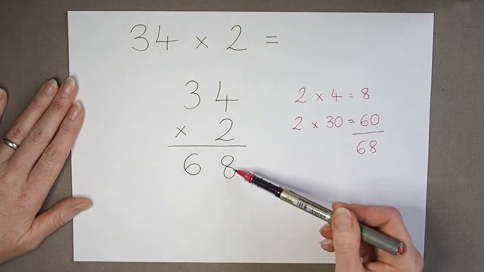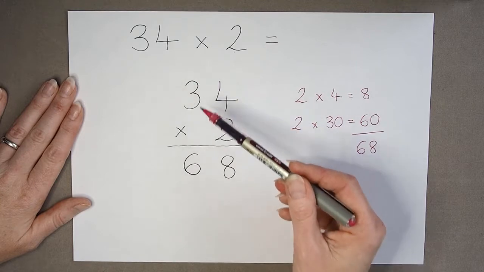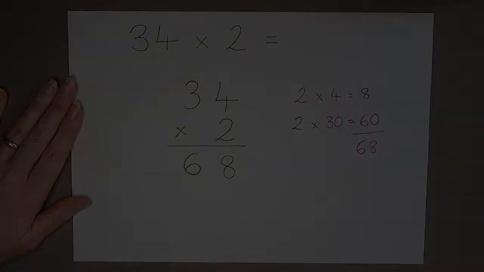So 2 times 4 was 8, and 2 times 3 in our tens column is 6. It's actually 6 tens, which makes it 68.